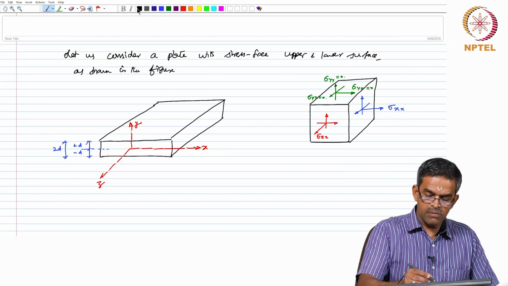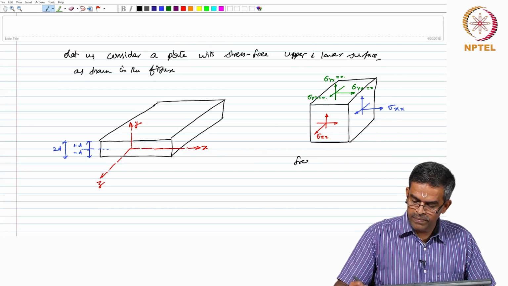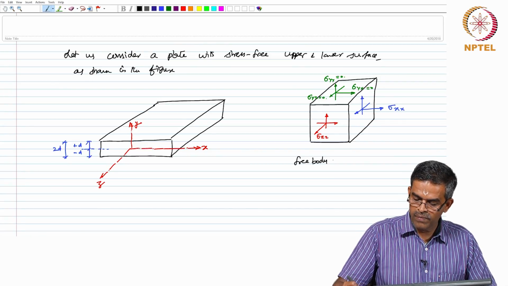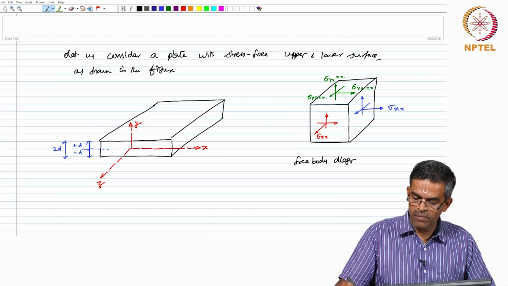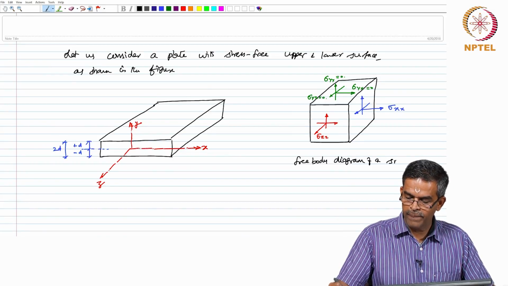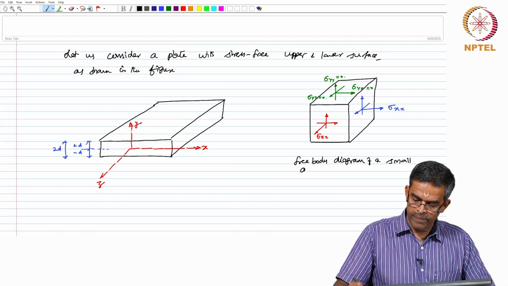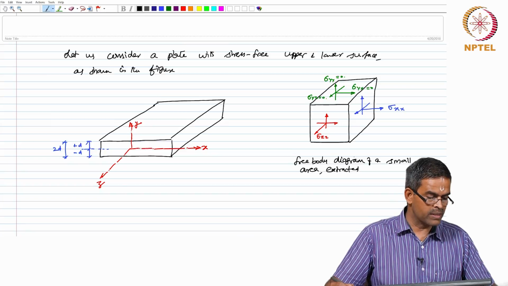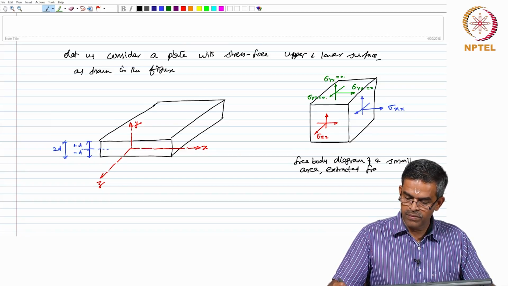So, let us say this is my free body diagram of a small area extracted from the plate.